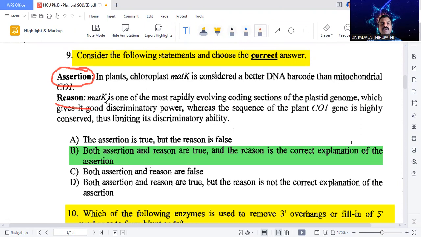Reason: matK is one of the most rapidly evolving coding regions of the plastid genome, which gives it good discriminatory power, whereas the sequence of the plant CO1 gene is highly conserved, thus limiting its discriminatory ability. In this question, both assertion and reason are true, and the reason is the correct explanation of the assertion.